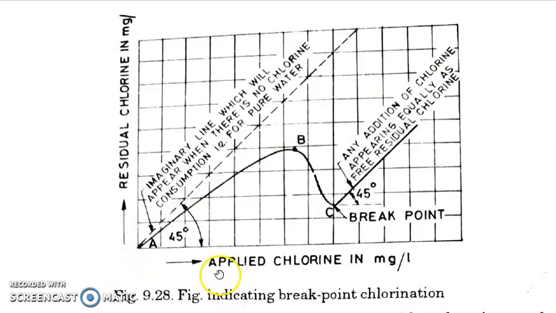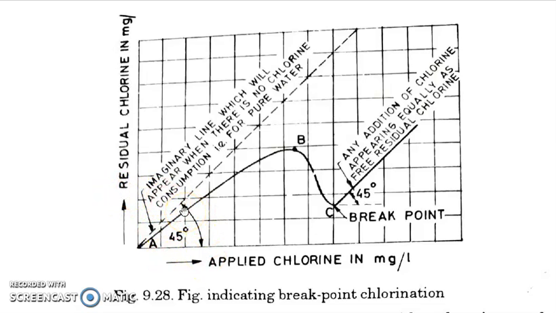In such cases, the applied chlorine value will be equal to the residual chlorine value. That is what is given here. When there is no chlorine consumption, so when the water is not consuming the chlorine, it is in a pure form, applied chlorine will be equal to the residual chlorine.